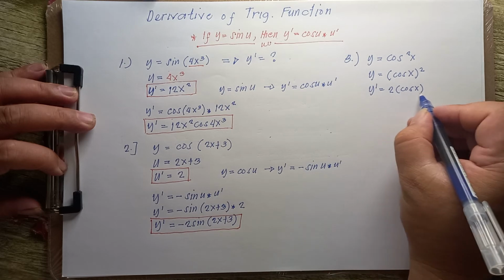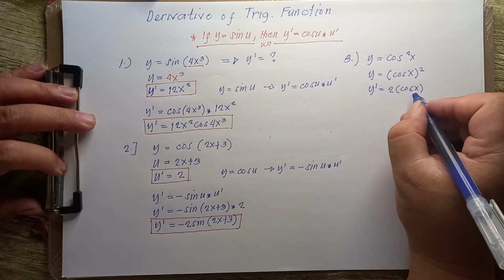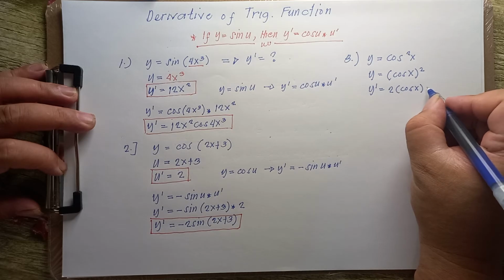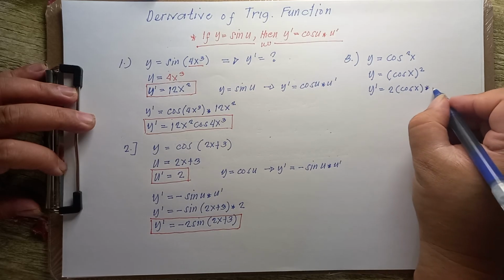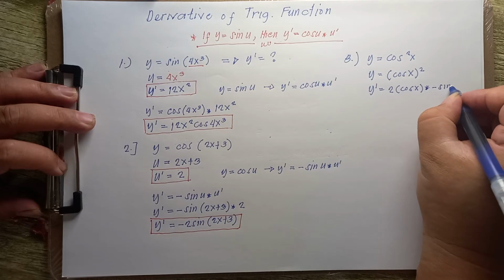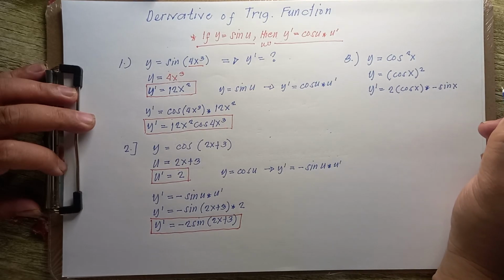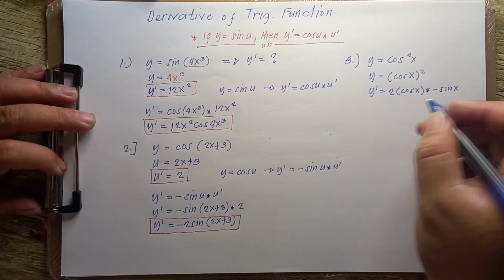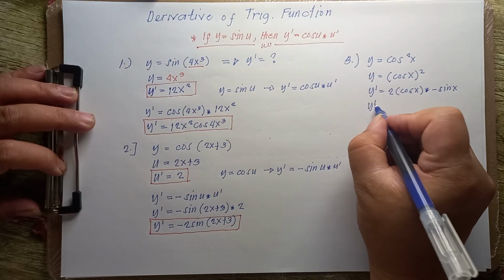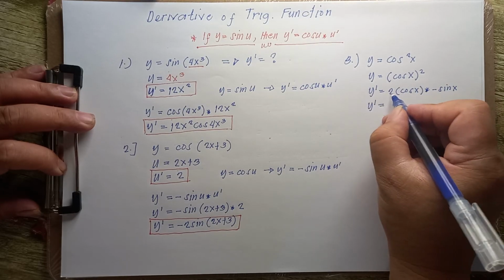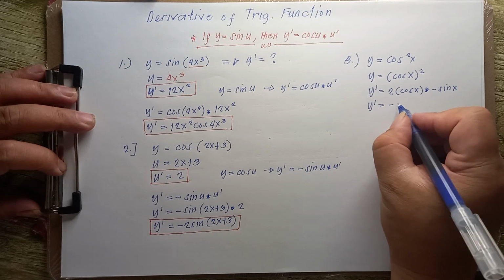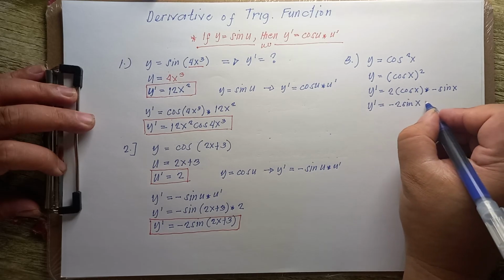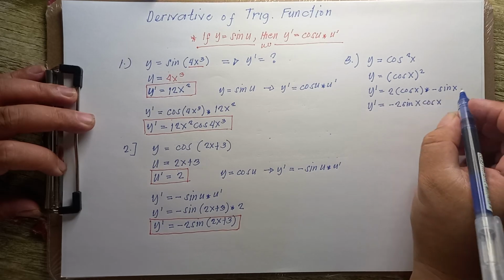The derivative of cosine x is actually times negative sine x. So if we are going to get now the final answer, y prime, multiply this one, 2 multiplied by negative 1, so negative 2 sine x cosine x.